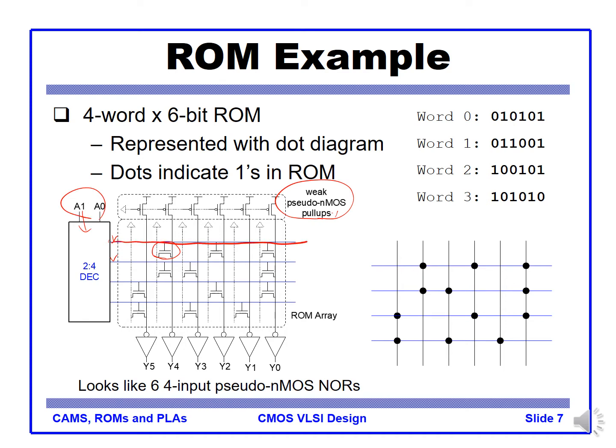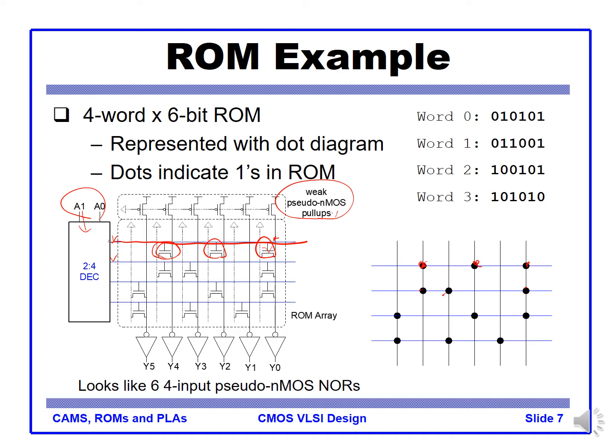Once asserted, the transistor attached to it will be turned on, so it will pull down the output. So this is like a pre-programmed value being provided.